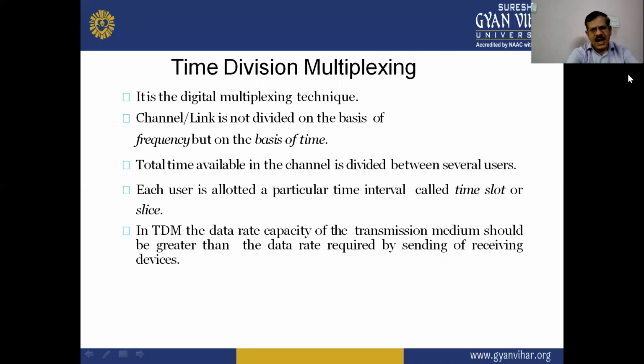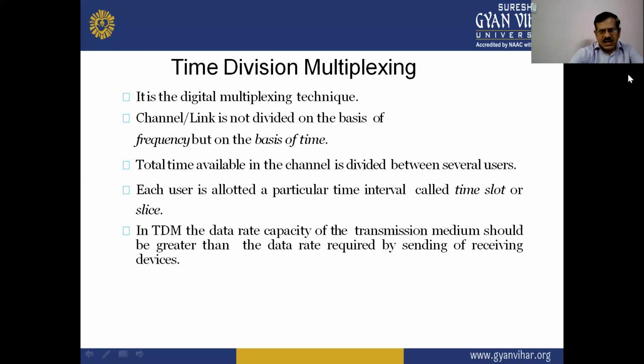Next, what is time division multiplexing, TDM? TDM is a digital multiplexing technique. The channel link is not divided on the basis of frequency, but on the basis of time.